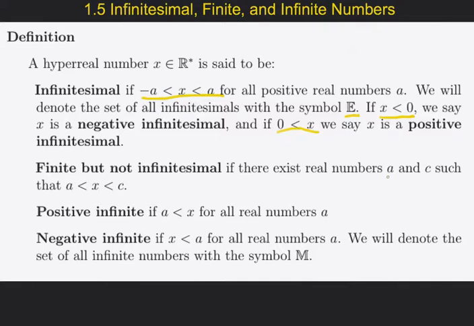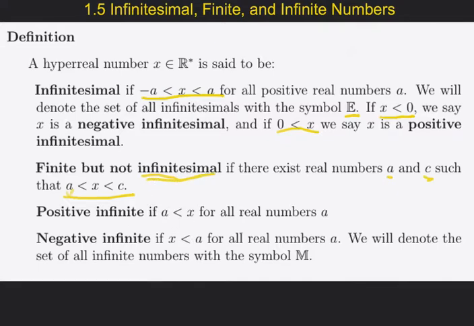So if I can find a real number a and a real number c so that x is bound between them, so it's less than c but bigger than a, then it can't be infinitesimal. It doesn't satisfy the definition because it's bigger than some number a. But it's not infinite either, because there's a real number that it's less than. So we'll just say it's finite and stress the fact that it's not infinitesimal.